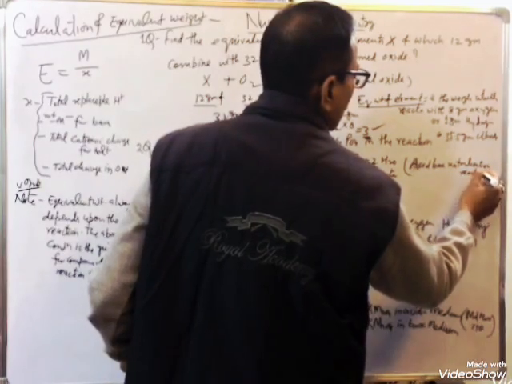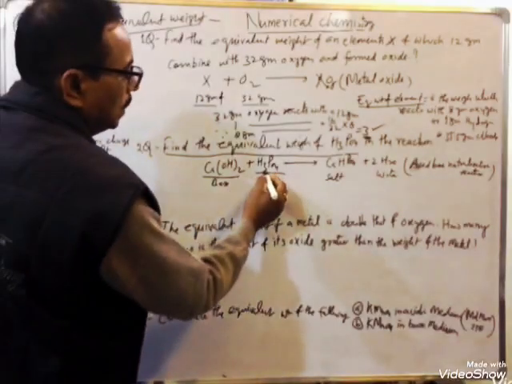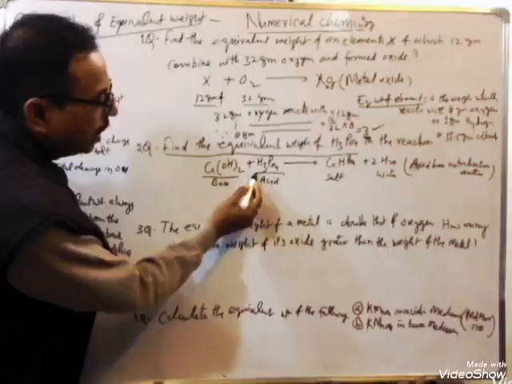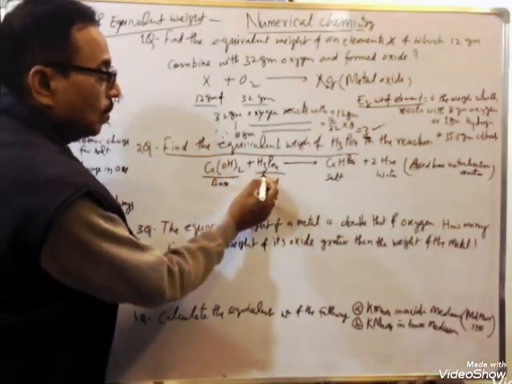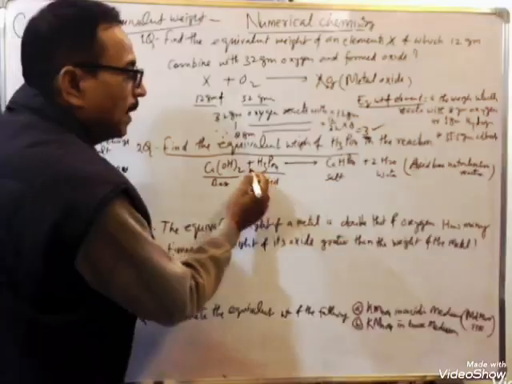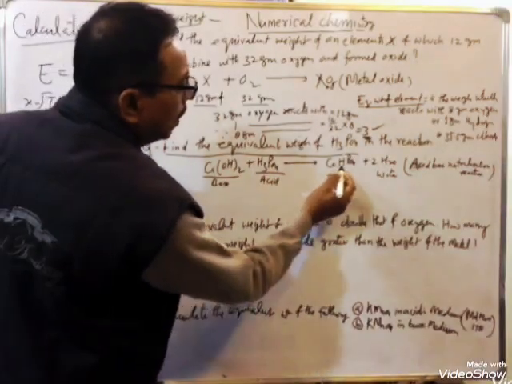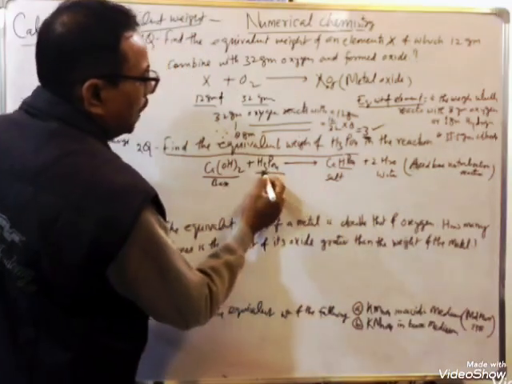Here we see this is the acid. The number of replaceable hydrogen atoms is 3, so the equivalent weight may be M by 3, but here the reaction is given. Here there are 3 hydrogens, but only 2 are replaced. 1 is attached with phosphate.